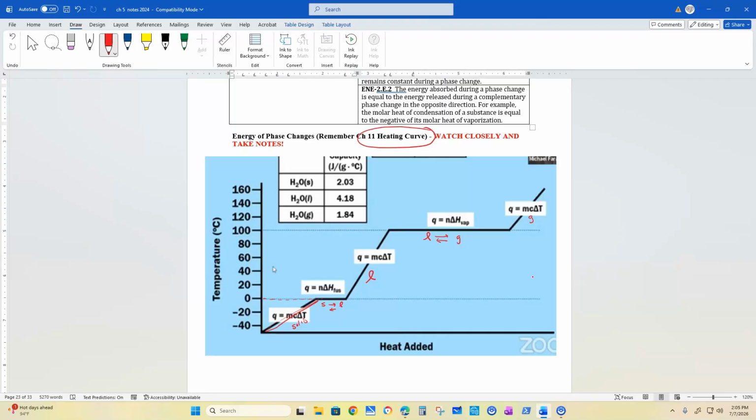But what did we mention in chapter 11? That as you are changing phase transitions, heat is added, but no change in temperature. Look at that temperature. It's at 0, doesn't even change, but we still added heat.